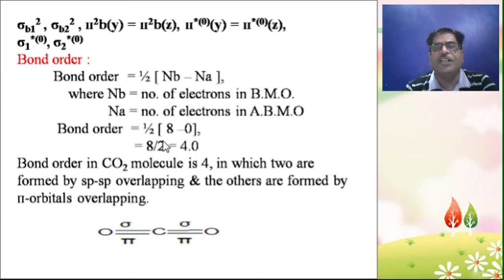The total number of electrons in BMO is 8 and in ABMO is 0, so 8 by 2 is equal to 4. So the bond order in the CO2 molecule is 4, in which 2 are formed by sp-sp overlapping and the others are formed by pi orbital overlapping. CO2 is a linear molecule with 2 sigma bonds and 2 pi bonds.